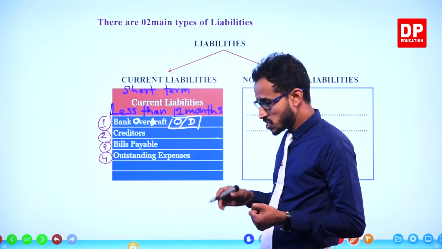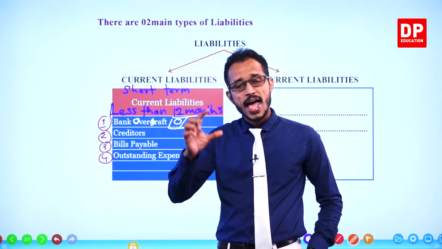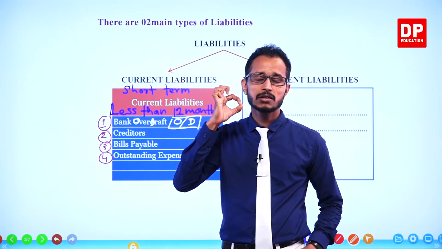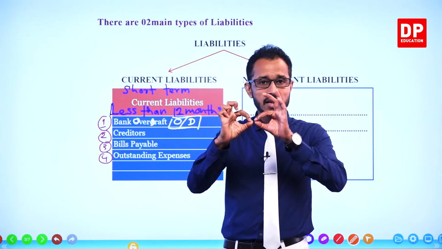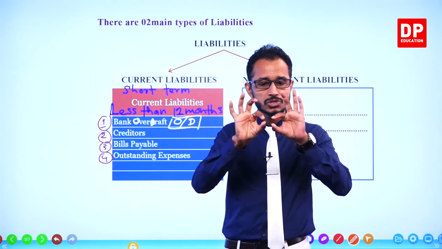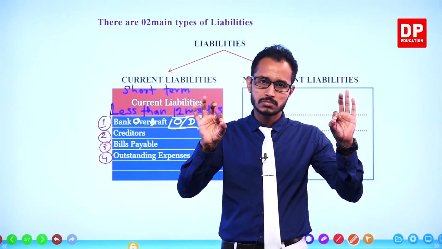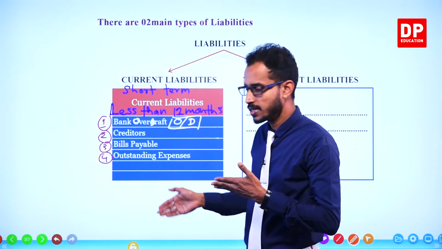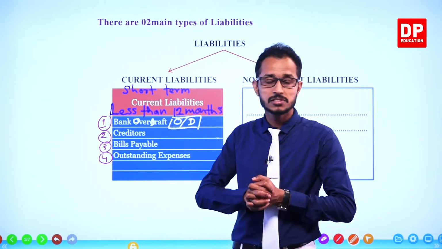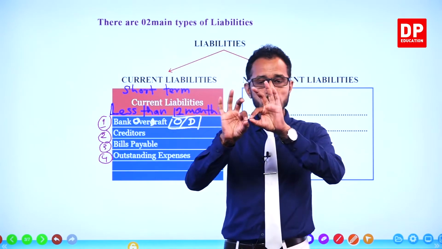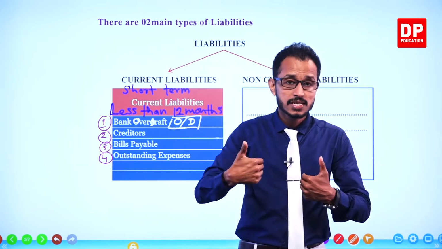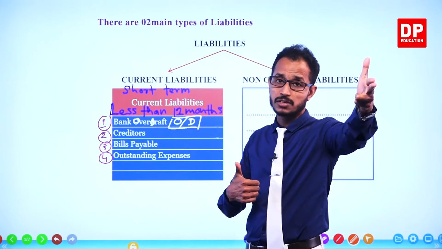OD. Children, an OD is a short-term liability, a short-term loan. That's why it comes under current liabilities. It's a short-term loan provided to the business by banks.